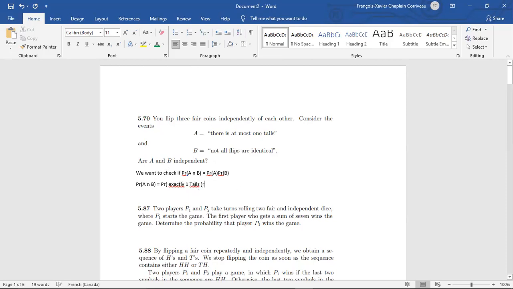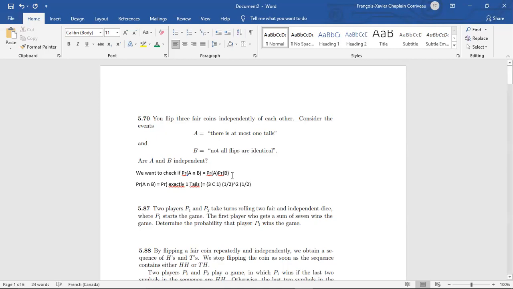And that is something that we know how to deal with pretty easily, right? Here it's the probability of having exactly one tail in 3 flips. What is this? So yeah, pretty much. So here you're going to do 3 choose 1 times 1/2 to the 2 times 1/2.